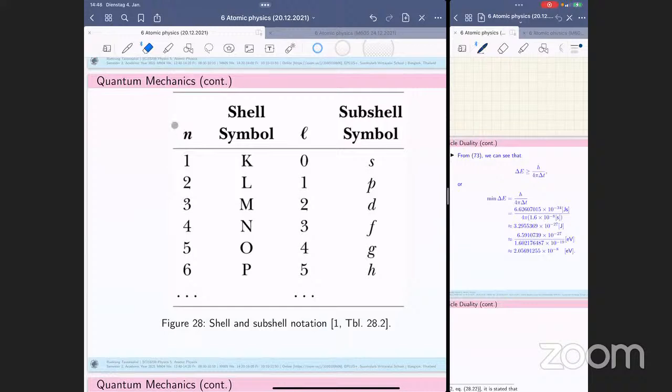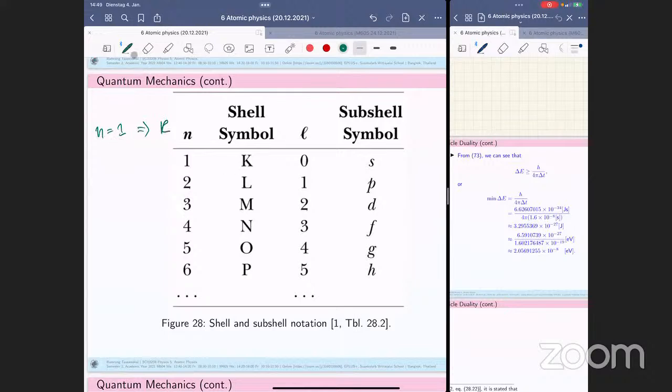You know from the theory before that n equal to 1 is the first thing, but for the people in this society, they just simply say it's K. Once you see the capital K, it means n equal to 1.